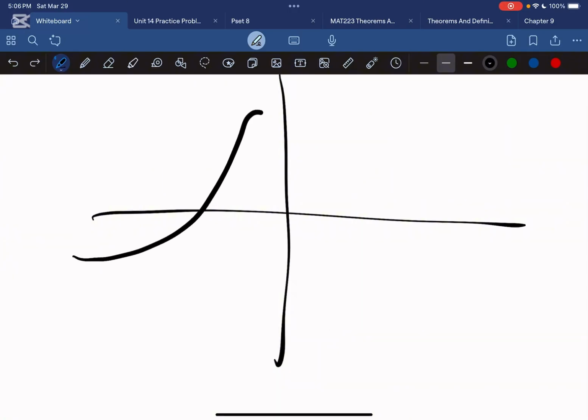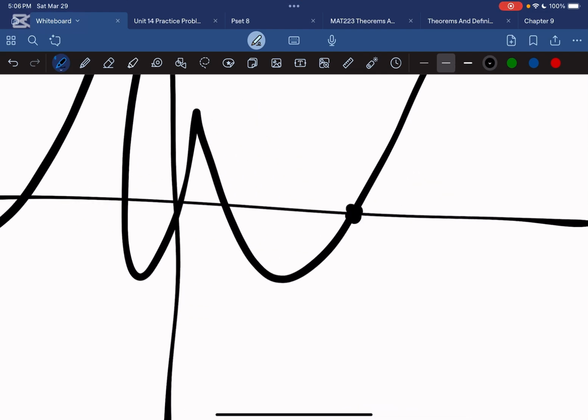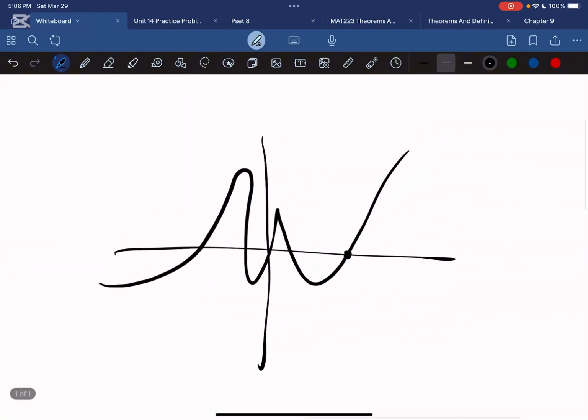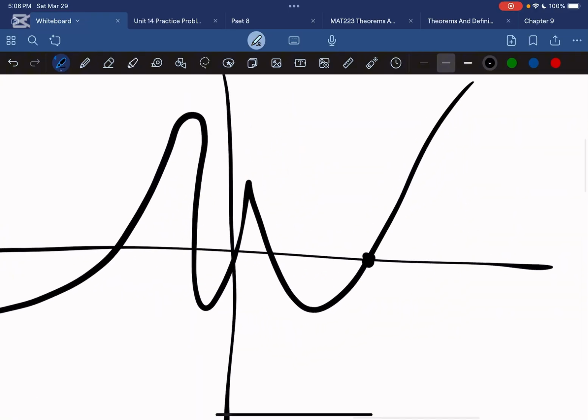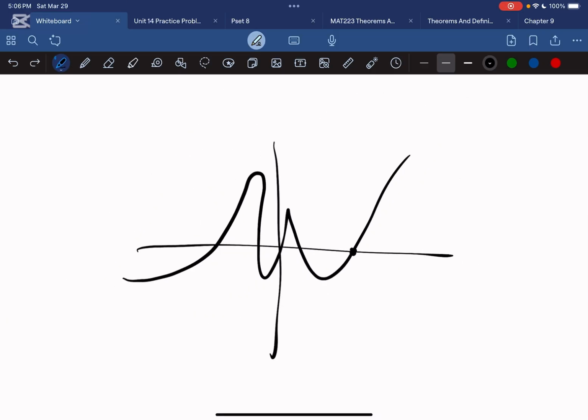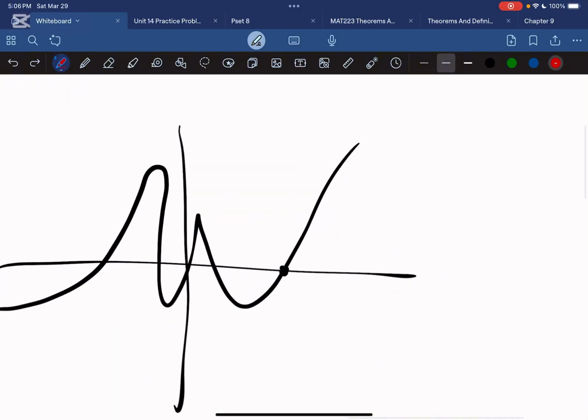Let's say we want a Taylor polynomial at this point. A Taylor polynomial has a certain degree, and the higher the degree, the closer it will be to this entire function. For example, a degree 1 Taylor polynomial is probably just the tangent line at this point, right?